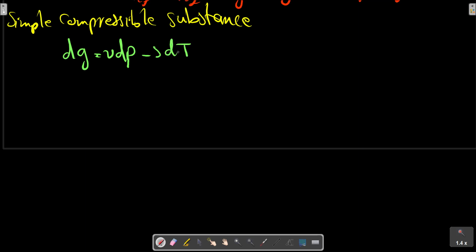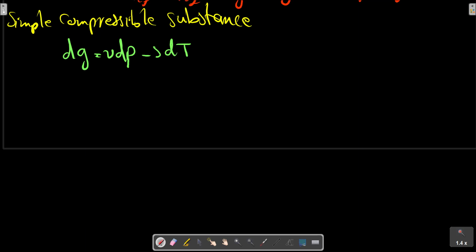Consider a control mass that consists of a saturated liquid and a saturated vapor in equilibrium, and let the system undergo a change of pressure dP. The corresponding change in temperature, as determined from the vapor pressure curve, is dT.